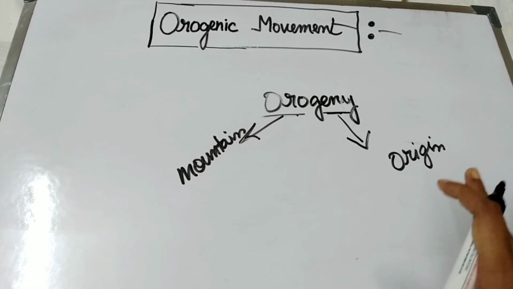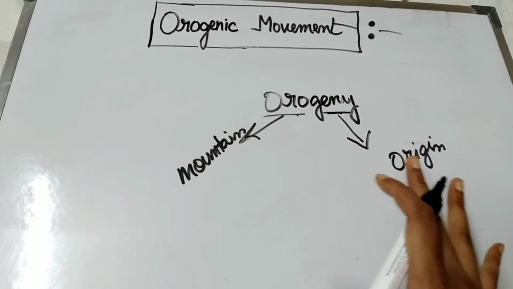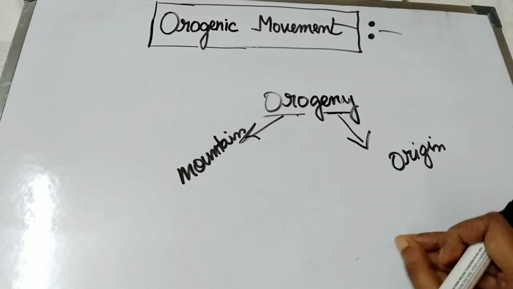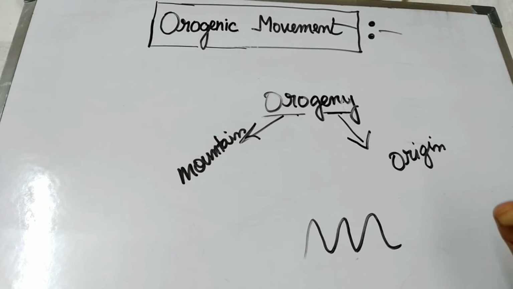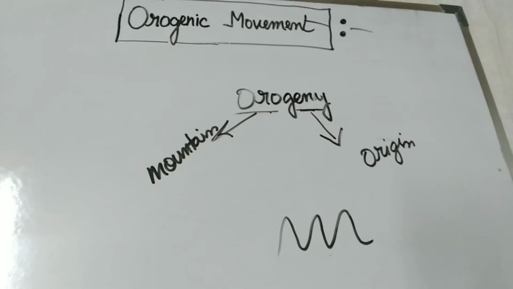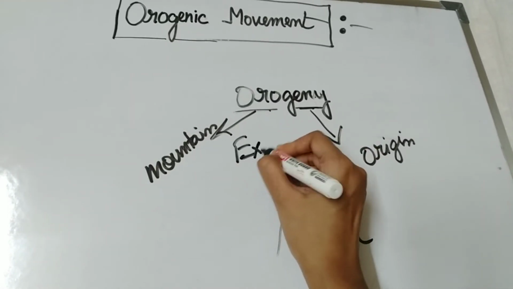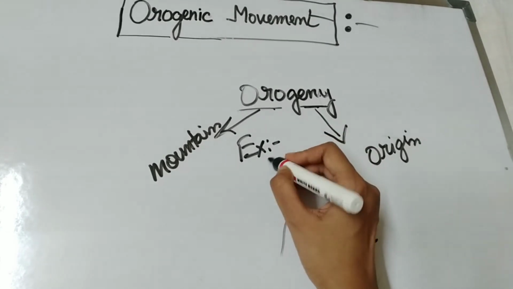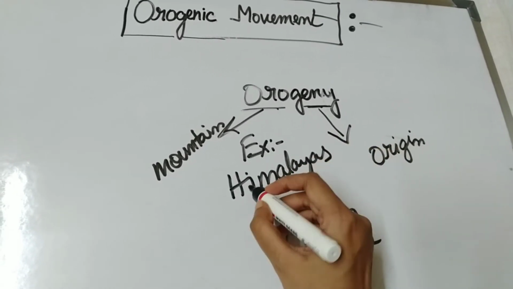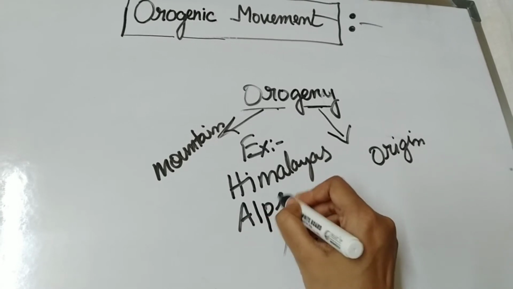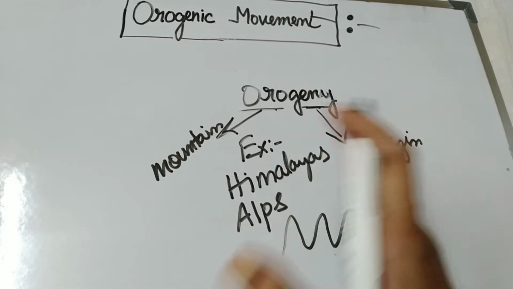These movements squeeze the sediments, mainly in the ocean floor, to form wrinkles or folds of gigantic size. Example: the formation of mountains like the Himalayas and Alps. These mountains were formed in this way.